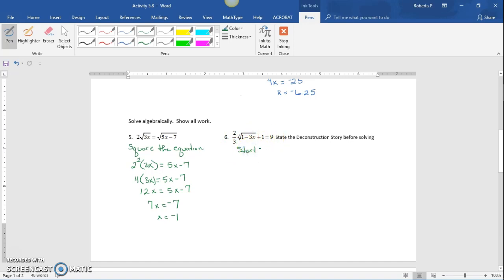So my deconstruction, or my solving process, I'm going to start with 9, and then I would subtract 1, and then now I have this 2/3, so divide by 2/3, and then now I'm left with this, so I'm going to raise to the 3rd power.